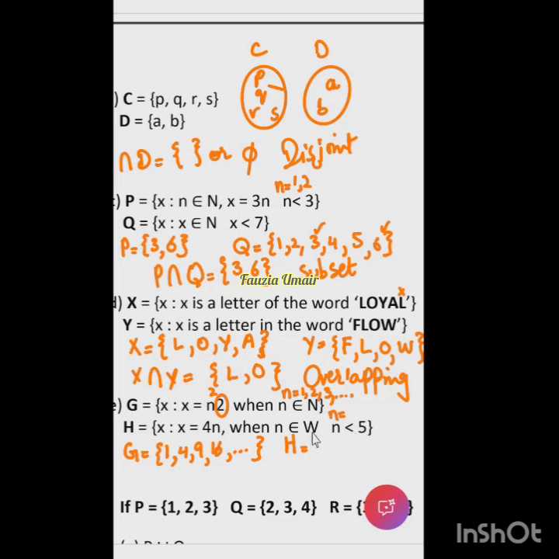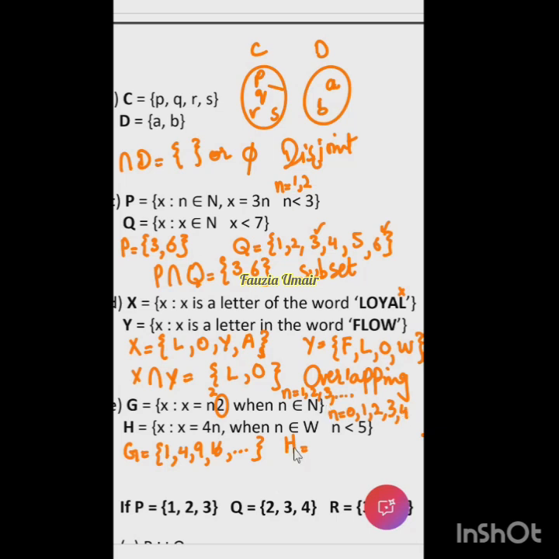N belongs to W. Whole numbers: 0, 1, 2, 3, 4. You should not be missing this part. That's why I'm saying that this topic is easier.